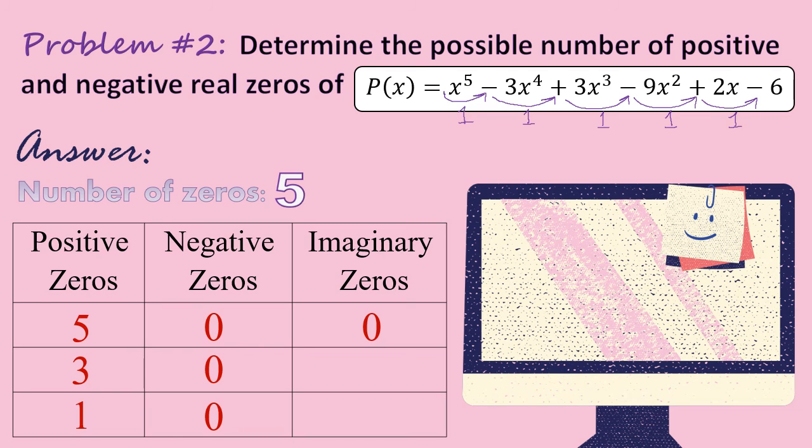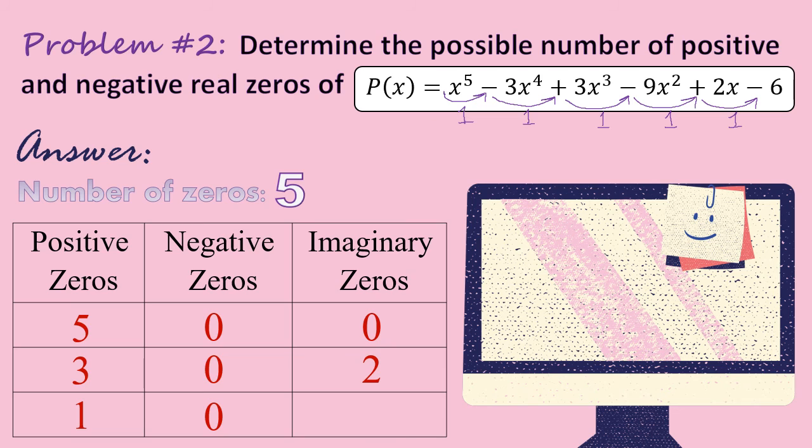Our basis here is the total number of zeros that we can have out of the polynomial function. So it's 5. It would always be equal to 5 if we sum up all the rows there per set. So 3 plus 0 is 3. What would be the number of imaginary zeros so that we can come up with the total number, which is 5? So it's 2.